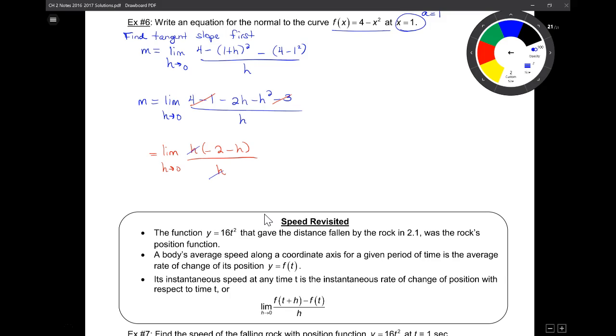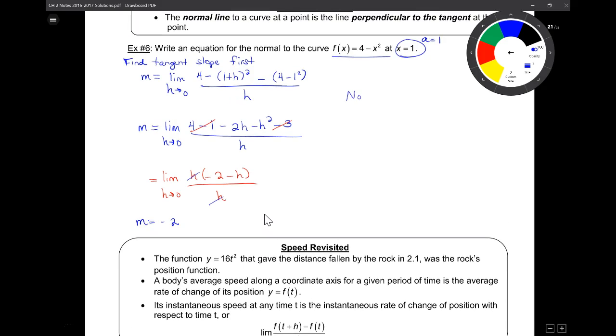So what do we get for the slope? Just negative 2. Now that's the tangent, so that means the normal slope is equal to positive 1/2 because we want the opposite reciprocal. And now the normal line: y minus y1. Okay, we have the x value is 1. What's the y value?